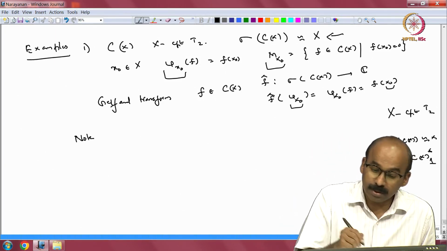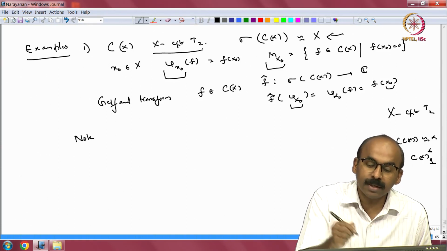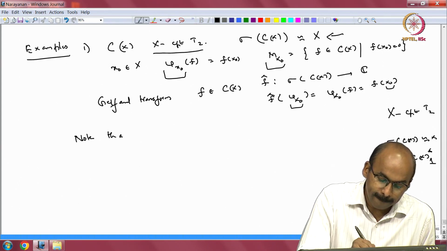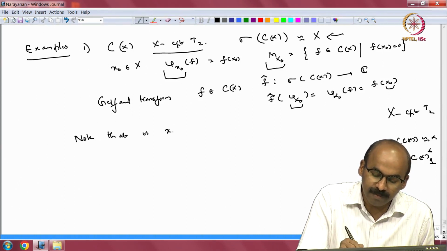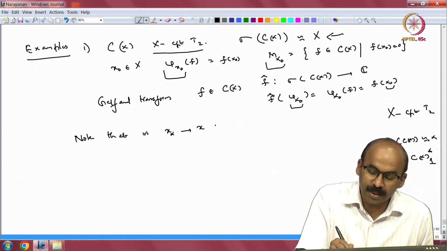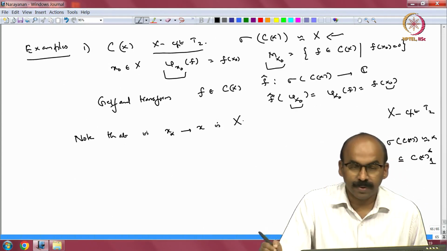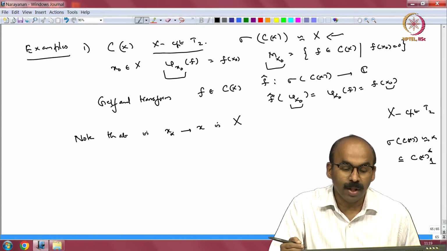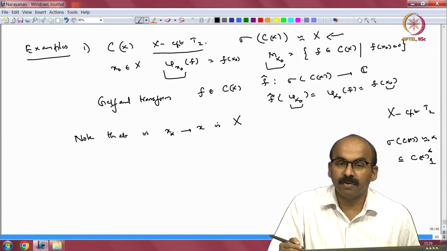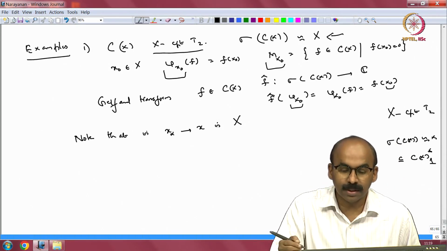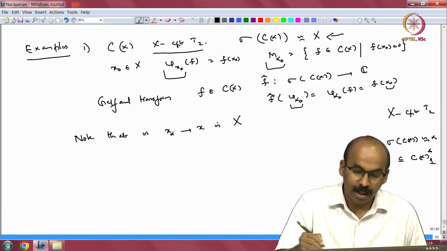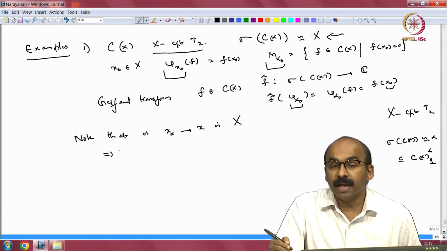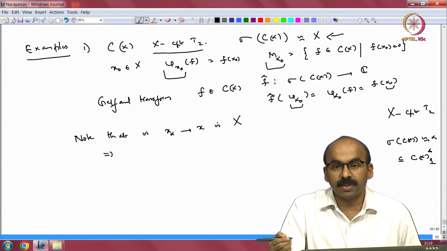Remember that this is all for compact Hausdorff spaces. Note that if x alpha converges to x in capital X, which is compact T2 and has a topology, where x alpha is a net converging to x in that topology, then if I take any f in C of X, f is continuous.